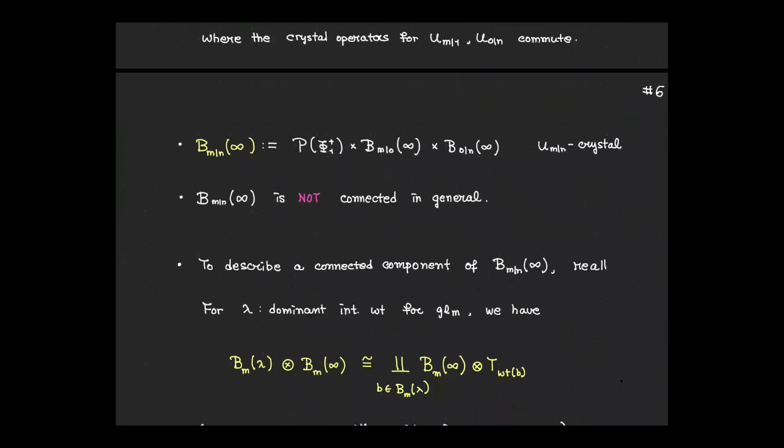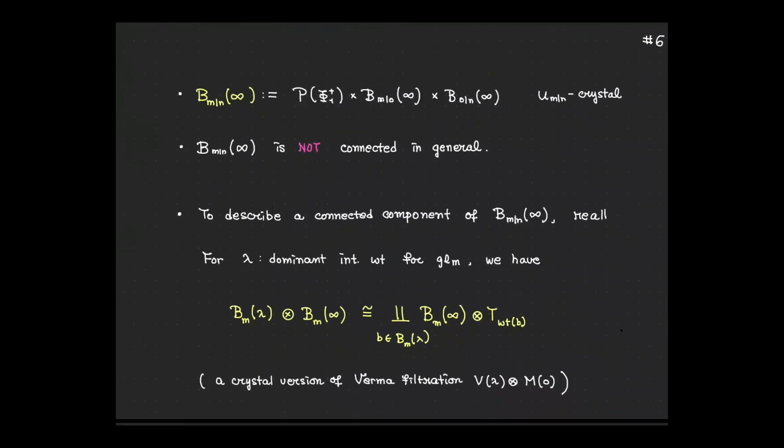But anyway, let us denote this limit crystal by BMN infinity. And it is not connected in general because, for example, the crystal operator for the even part with the simple root with the negative squared norm only acts on the last component.